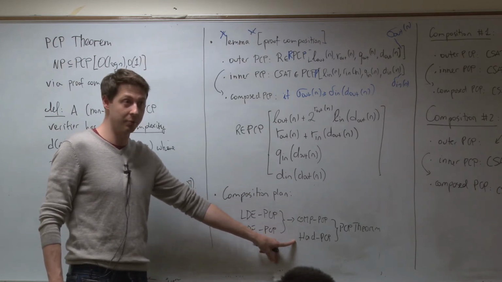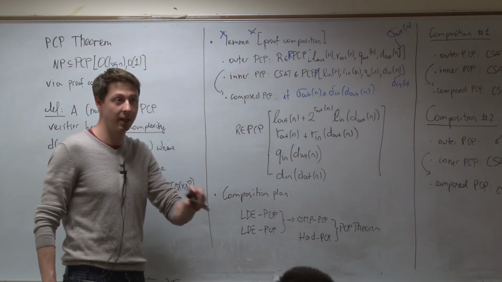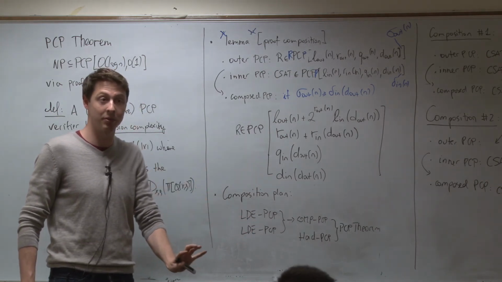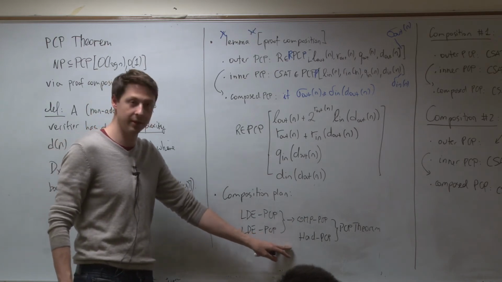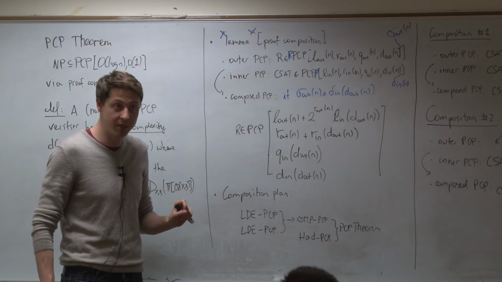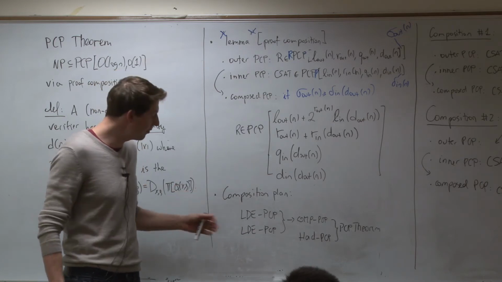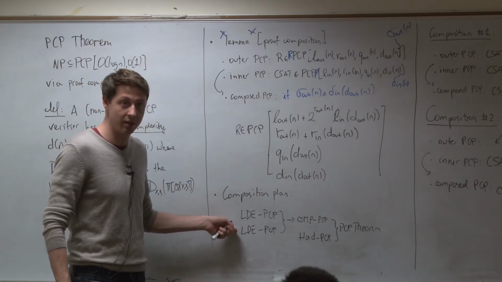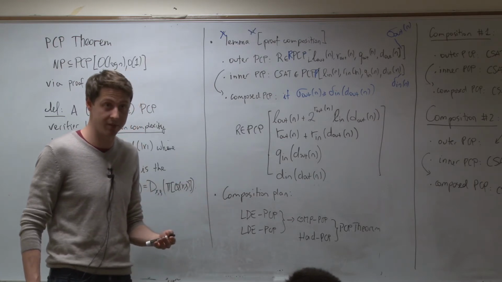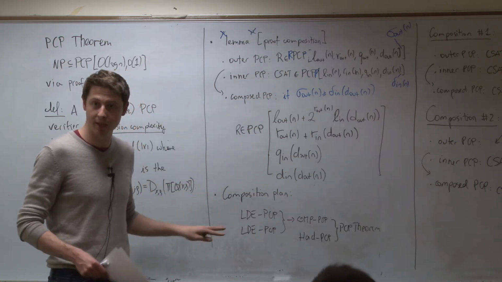Because in our lecture on PCPs of proximity, we had this template, and we applied it to both the polynomial size and exponential size. In both cases, we get PCPs of proximity. And we're done, okay? So let's see how in the composition, if the inner PCP is robust, then the composed PCP inherits that robustness, okay? Is it clear?